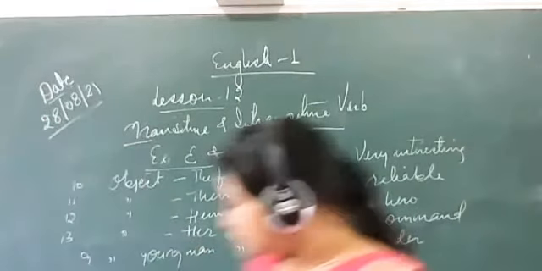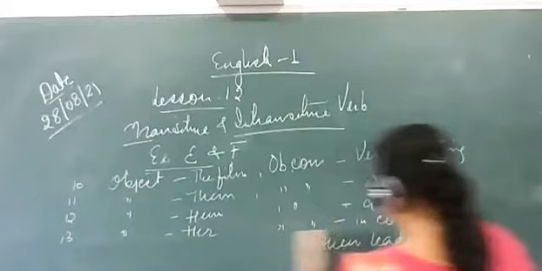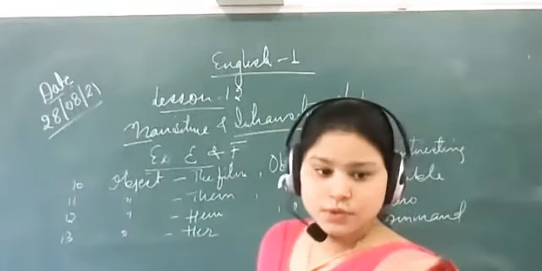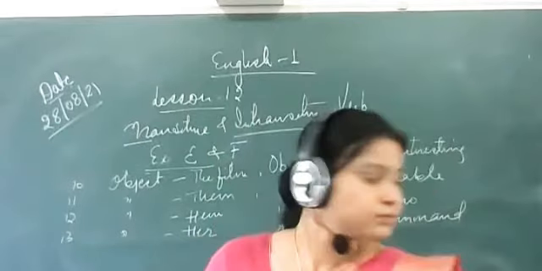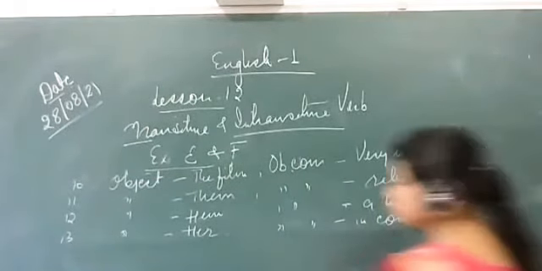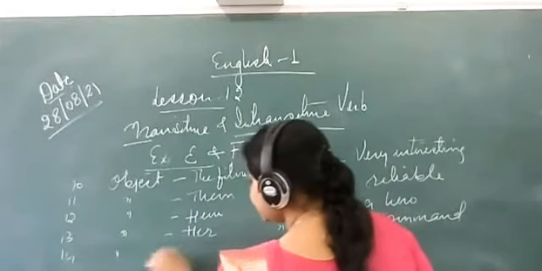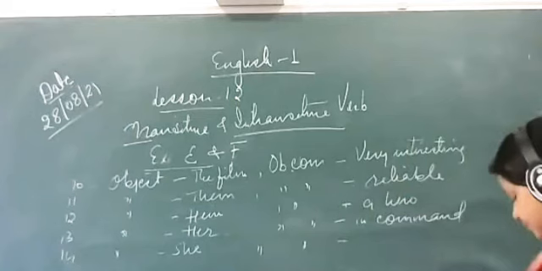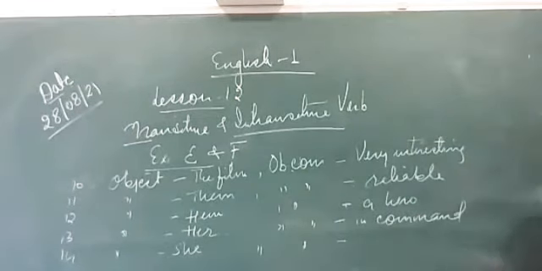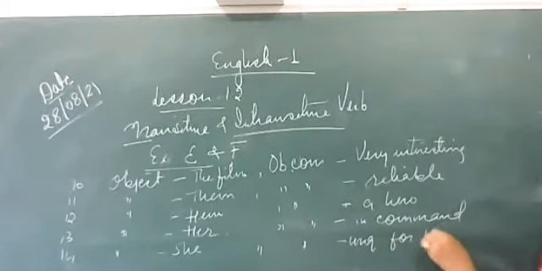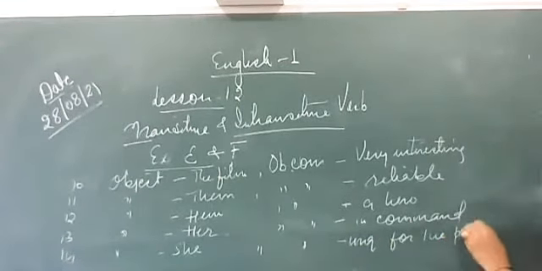Now there are 2 more. 14. Now 14 is object is she. What about objective complement? Unqualified for the post. Unqualified for the post.